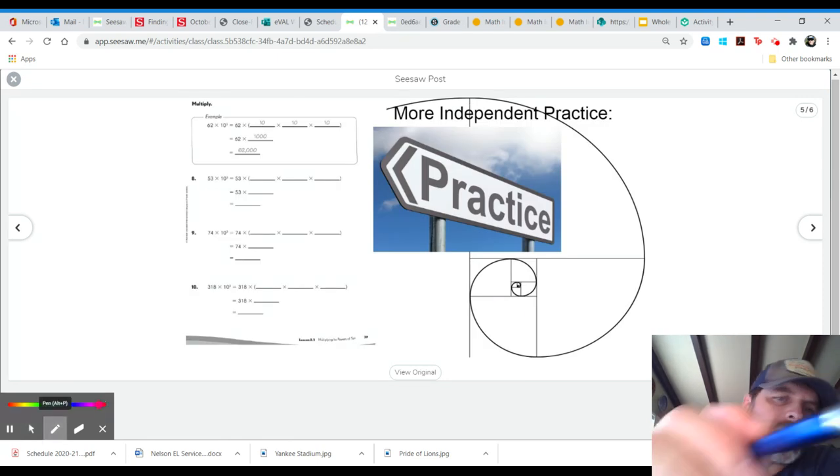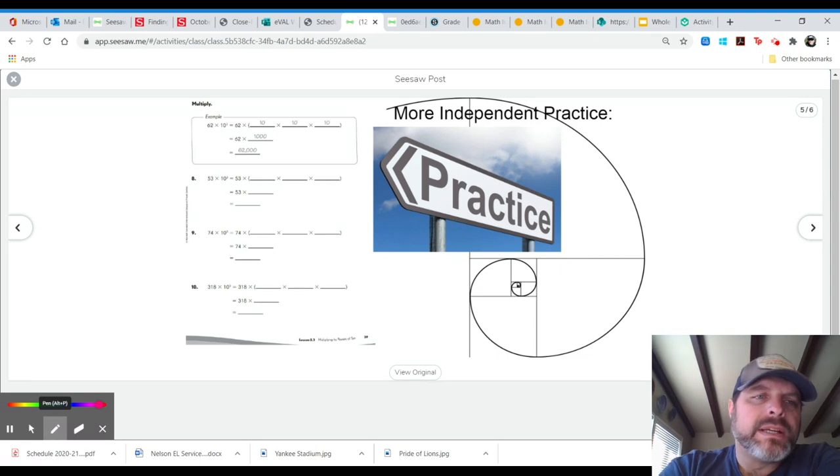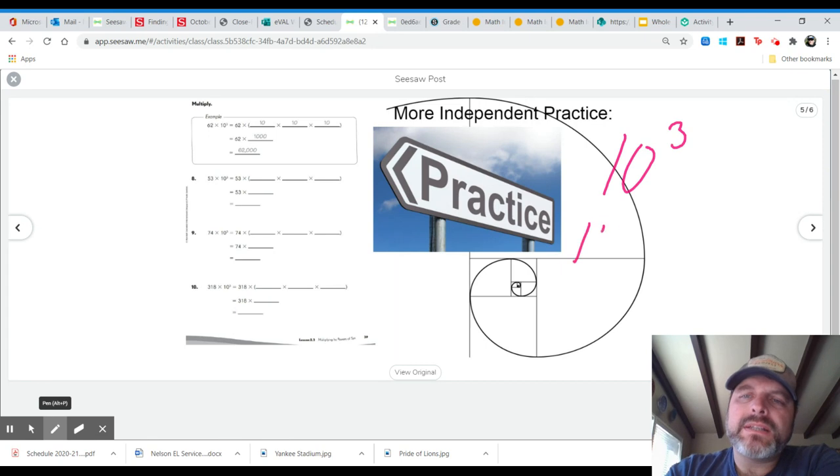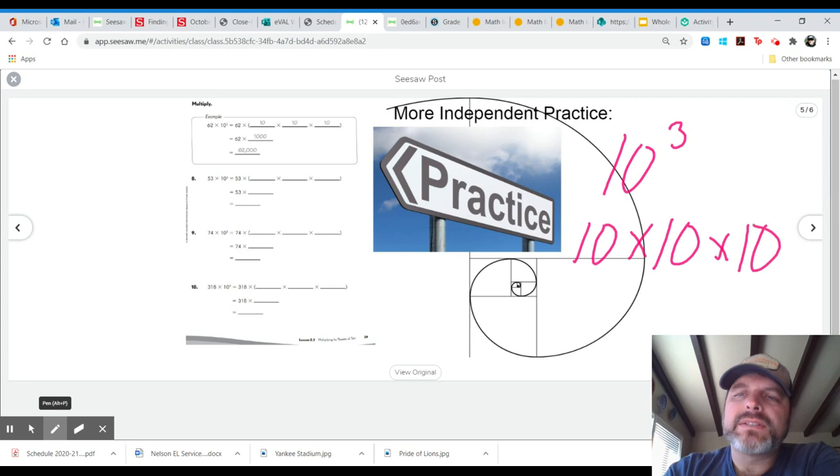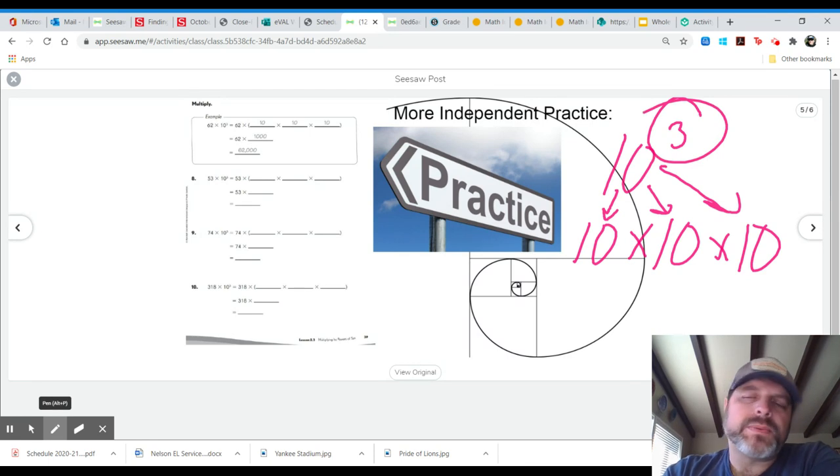I always want to point out something with the third power, that 10 to the third tells me to multiply 10 times 10 times 10. Okay, so the base, whatever number is going to be here, is always right there. And the 3 tells me how many times you're going to multiply it. You can do this with any number.